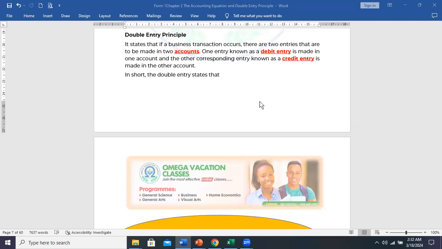Okay, good. So the principle is saying that when a transaction occurs, you have to make two entries. These two entries are a debit entry and a corresponding credit, or vice versa, a credit entry and a corresponding debit. Where do you make these entries? In an account. So it means that it's important for us to know what an account is.